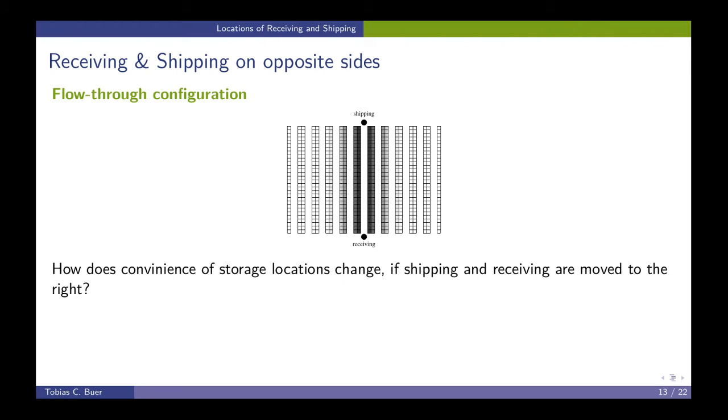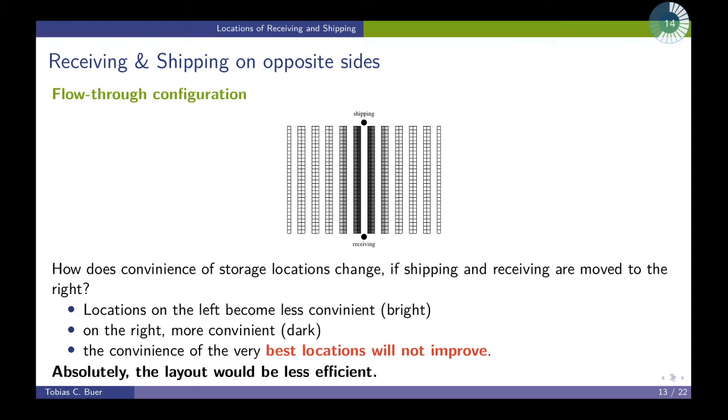Now, if we assume we move both the receiving and the shipping doors farther to the right side, what will happen with the convenience of these locations? If you at the same time move the shipping and the receiving locations further to the right, all the locations on the left will become less convenient.